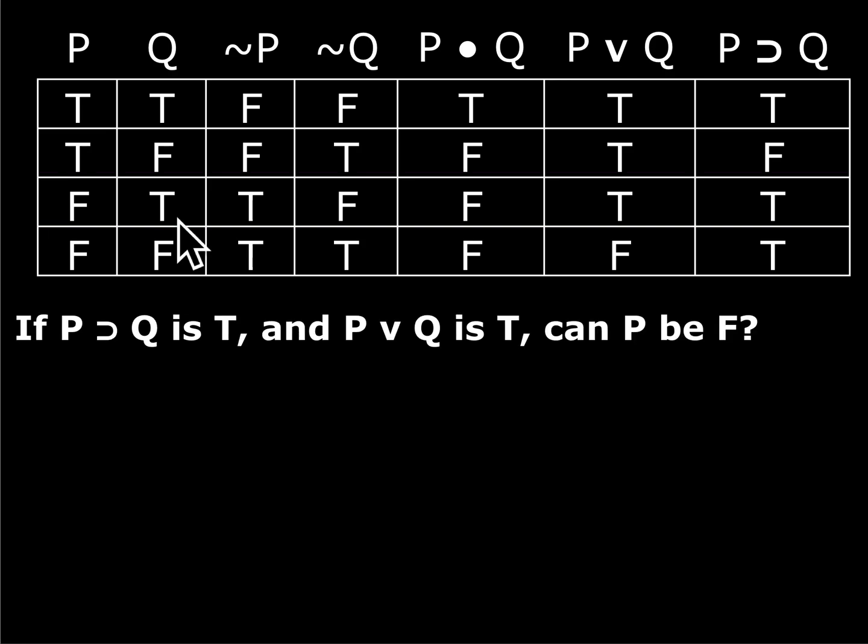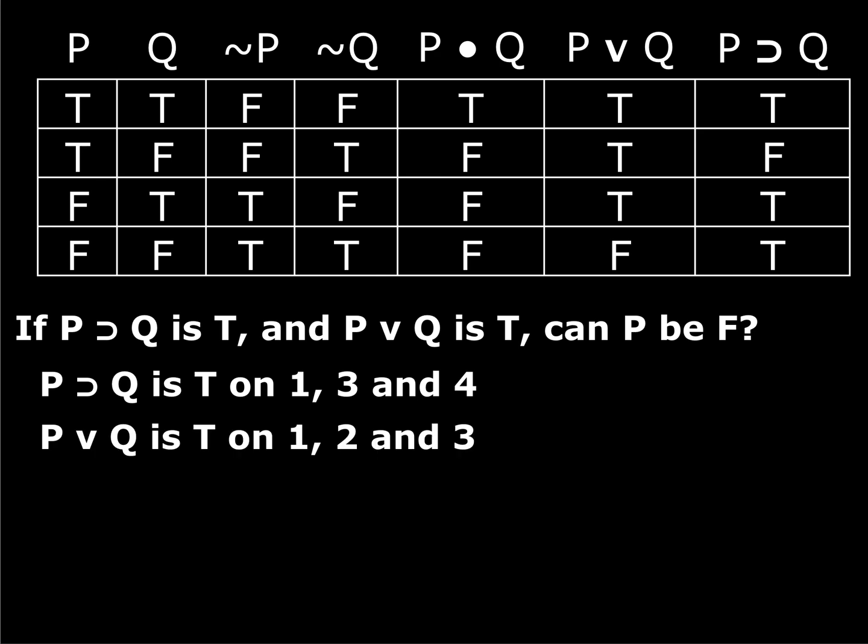Let's look at this one. If this conditional is true and the disjunction is true, if P then Q is true and P or Q is true, can P be false? Well, let's look at the first condition. If P then Q, that's true on 1, 3, and 4. And P or Q, that's true on 1, 2, and 3.